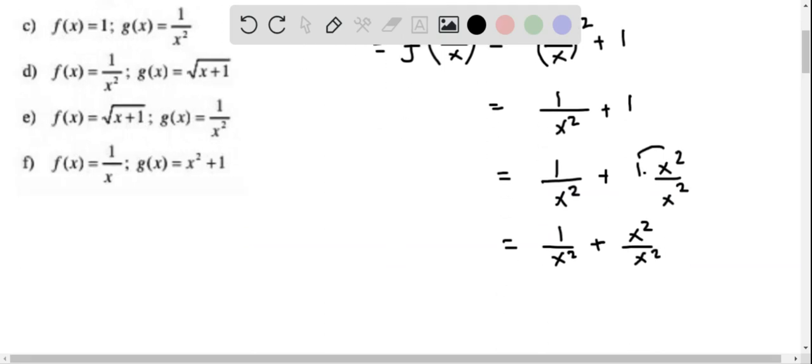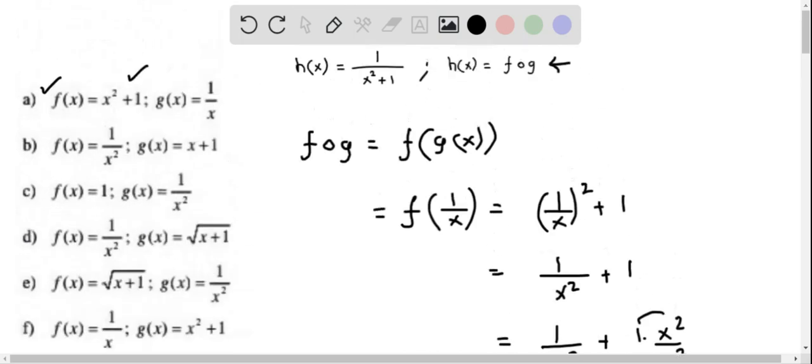And so we now have a common denominator. We can add the numerator terms, so this becomes 1 over x squared. And clearly this is not h of x, because h of x is 1 over x squared plus 1. So we say that answer choice A is not correct.